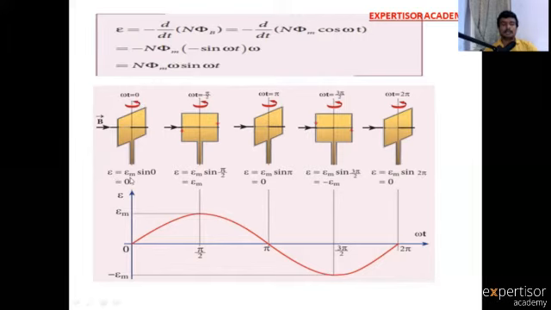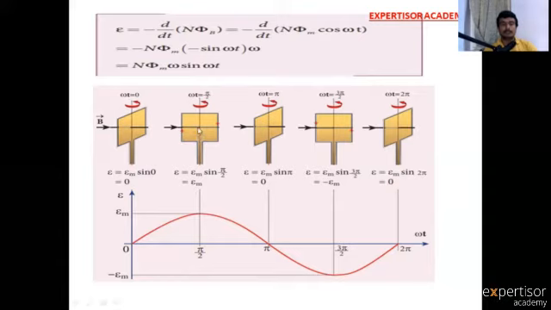The vertical part phi is equal to phi m sin 0, which is 0. Why do we choose the vertical part? We take the sine wave because sine has its minimum value at 0 degrees, and the wave starts at the minimum value. So for the vertical part, epsilon is equal to epsilon m sin 0, which is 0.